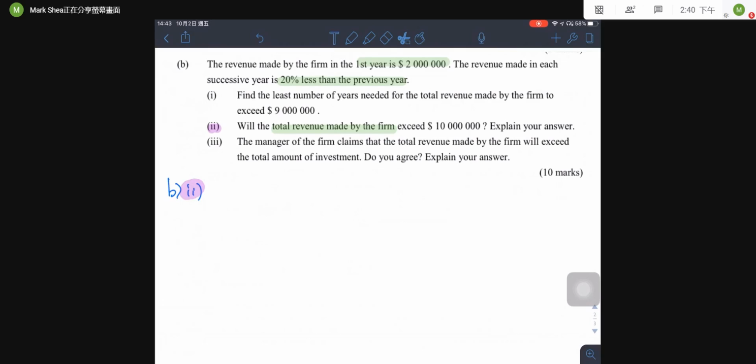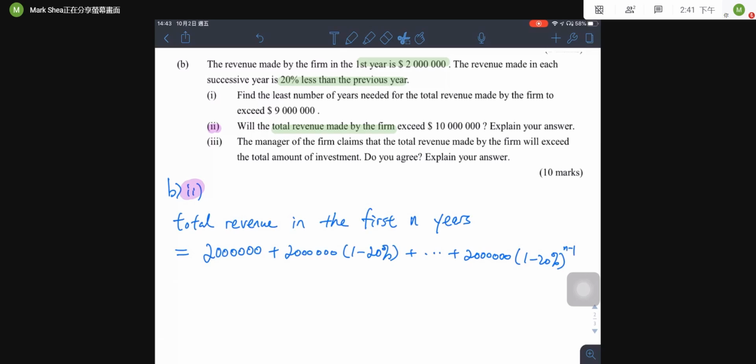Part B2, we need to determine whether the total revenue will exceed $10 million. Now we can use the result of B1. I mean, there's some calculation in B1. The total revenue in the first n years is given by 2 million plus 2 million times (1 minus 20%) and so on.